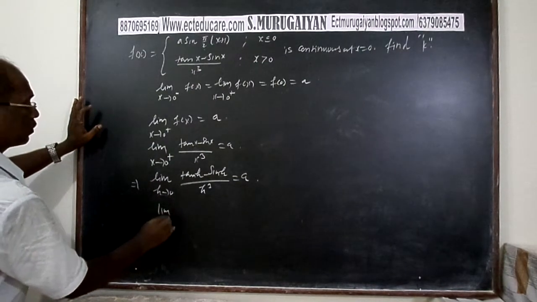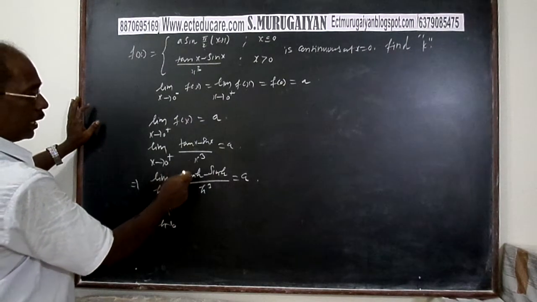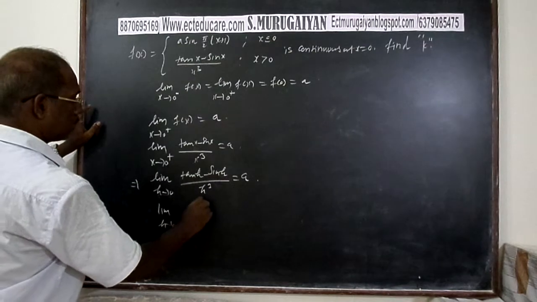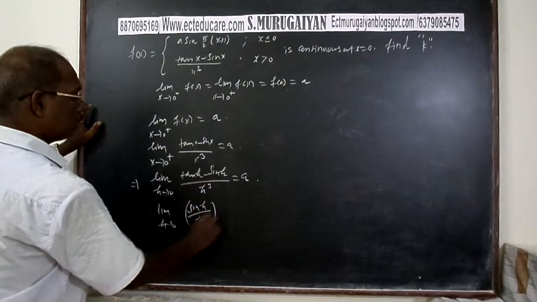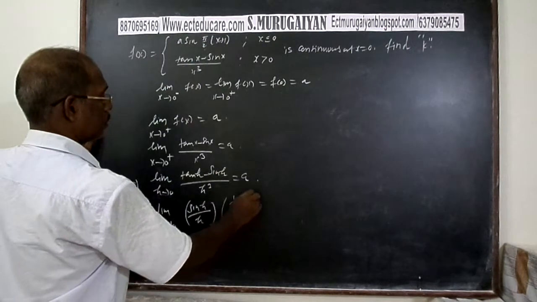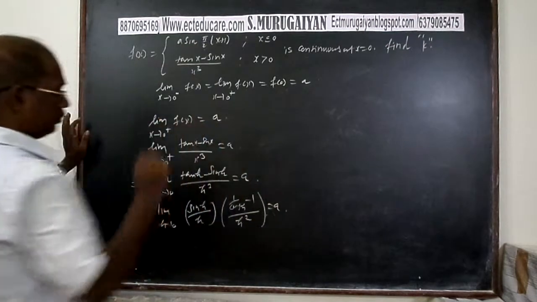Then limit as h approaches 0, tan h is sin h by cos h, so we can take one factor sin h by h common, and the other is (1 by cos h minus 1) by h square, equal to a.